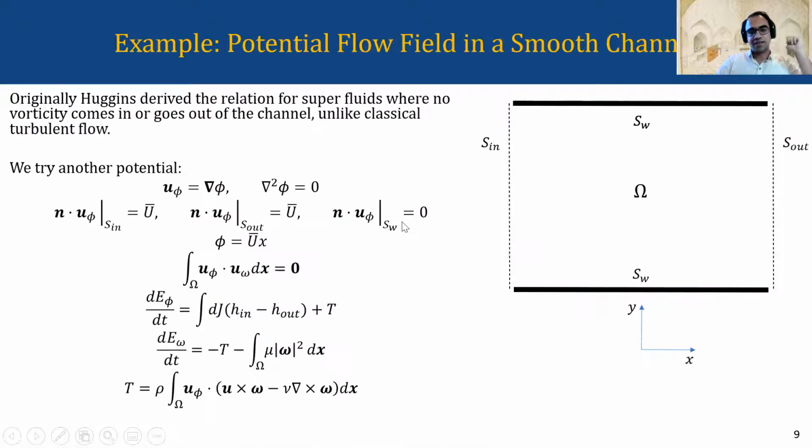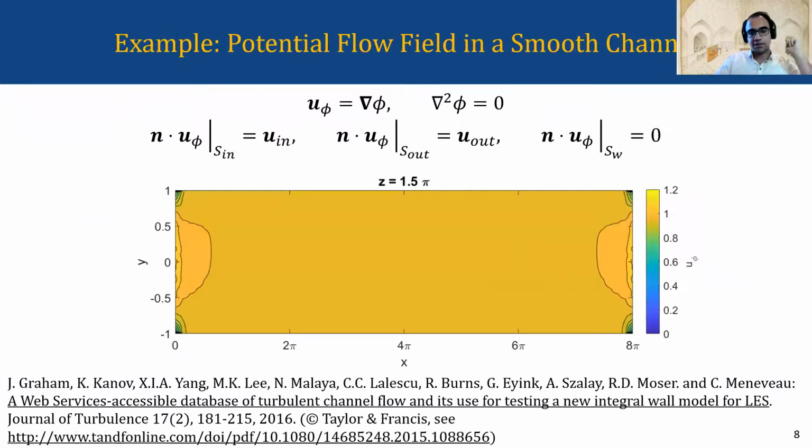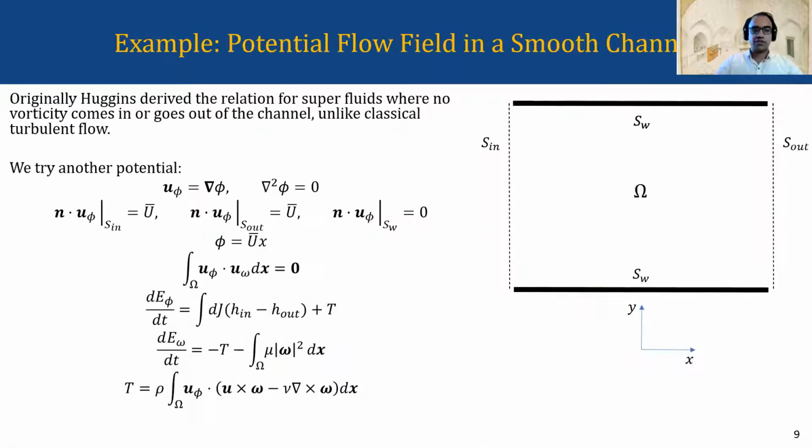So we make a slight variation of this. Originally Huggins derived this relation for superfluids, where you don't have any vorticity coming in or going out. Everything is generated inside, which is not the case for classical turbulent flow. So we tried this different potential, which is, you can say, simpler in some sense.